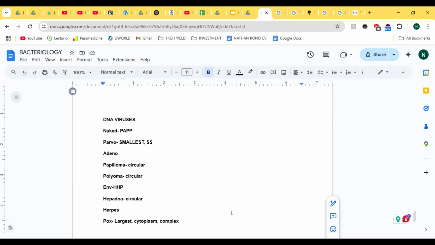But it's linear. And herpes is linear, yeah? It's single-stranded linear. Okay. And herpes and pox are both linear. Yeah, the ones in the middle are the ones that are circular. These three: papilloma, polyoma, and bad DNA. The rest are linear.